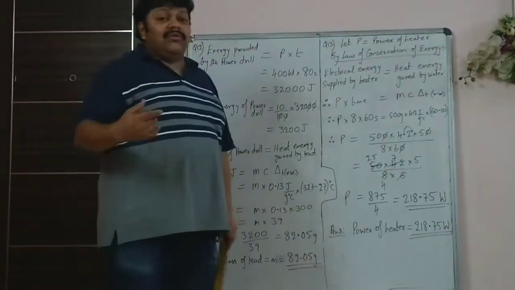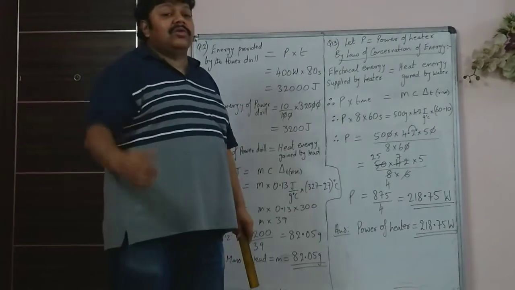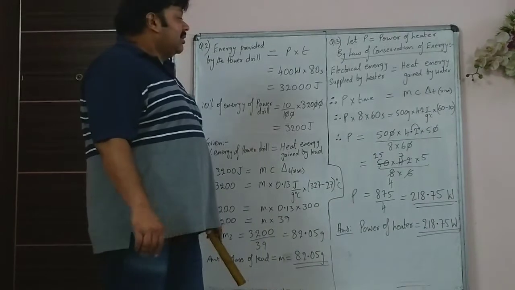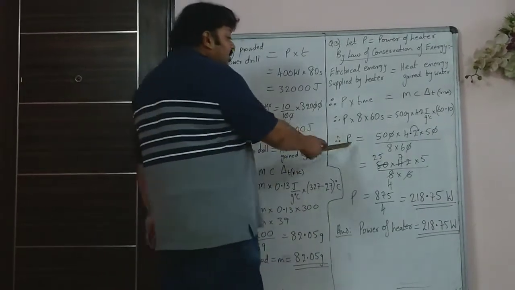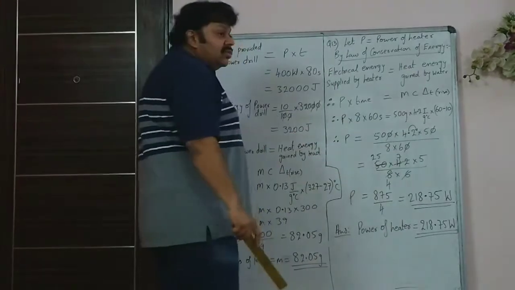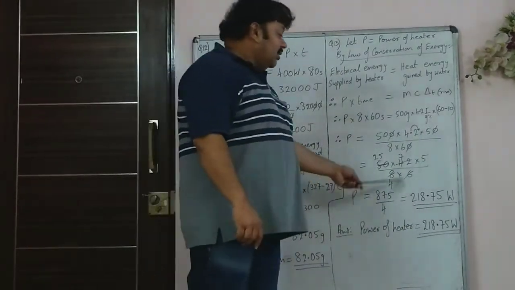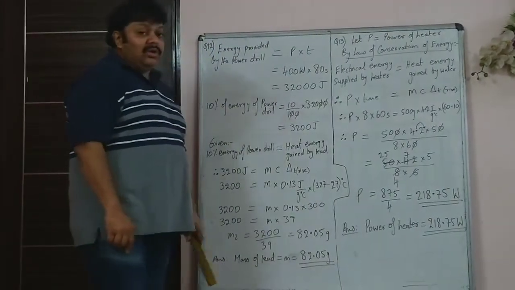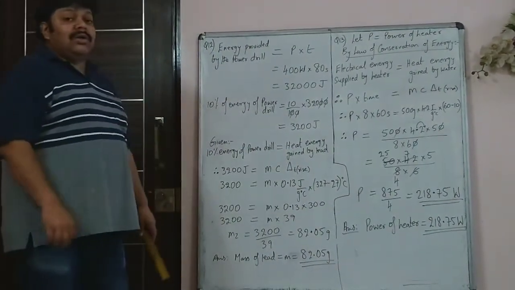And the temperature of water has risen from 10 to 60, so 60 minus 10 or 50 is the rise in temperature. So here you have to find P. So the right hand side upon 8 into 60. When you do the division, you get 218.75 watt. That is the power of the heater.